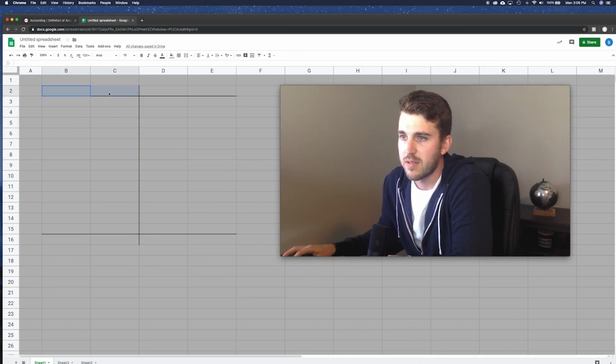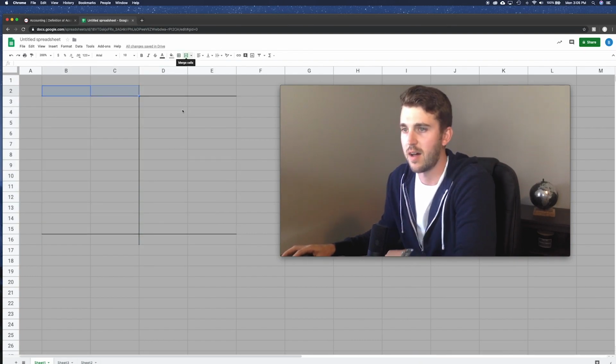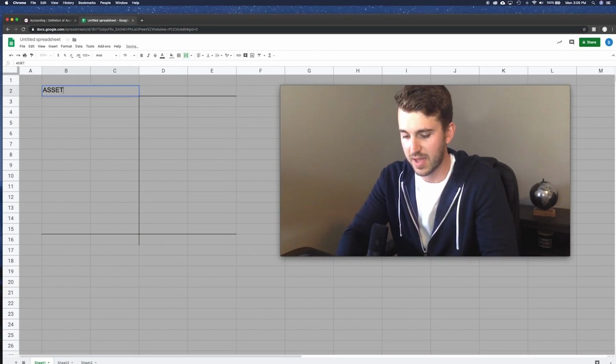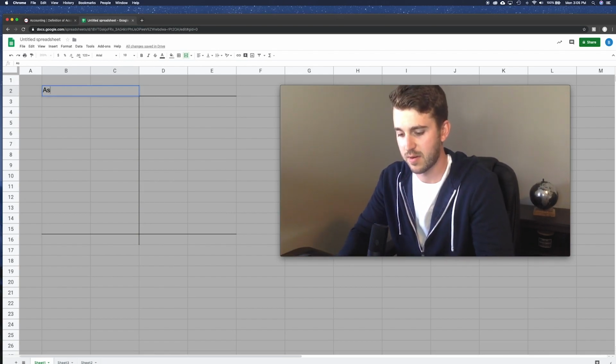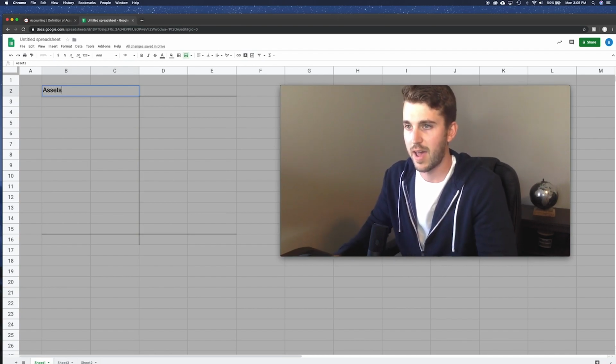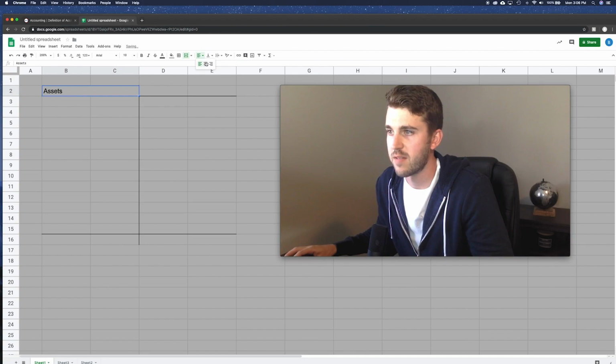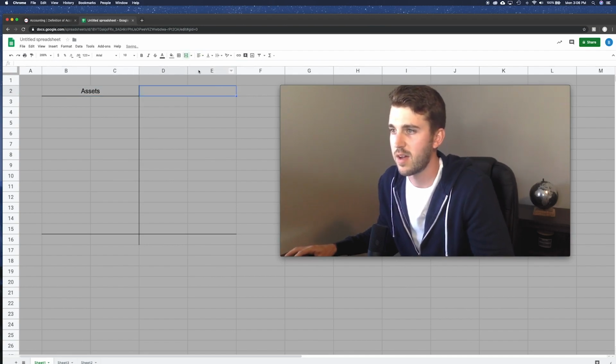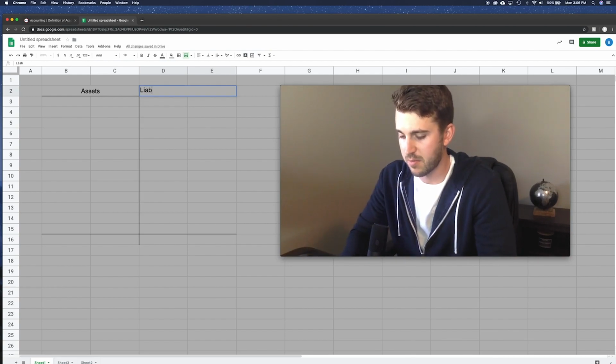All right, and I'm going to label the left-hand column as assets. Oops, I didn't mean to do all caps there. Oh, my goodness. All right, assets, and I'm going to center that. All right, and then the right-hand column, I'm going to label liabilities.